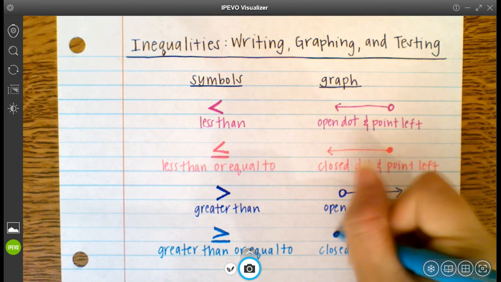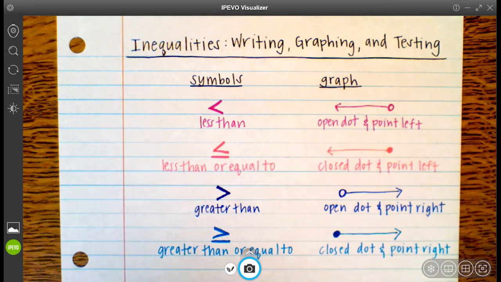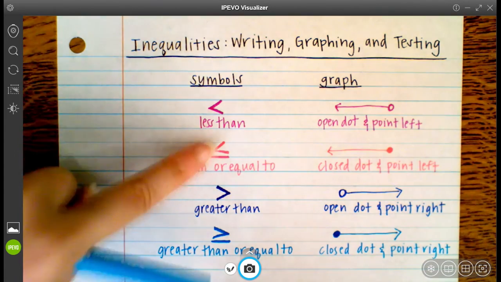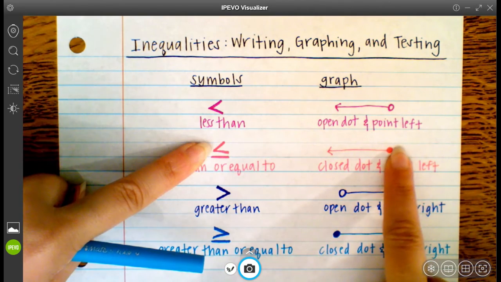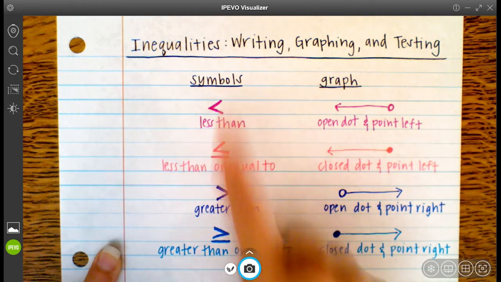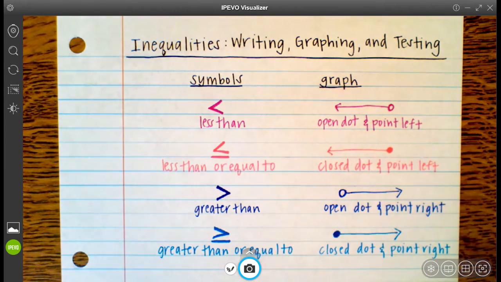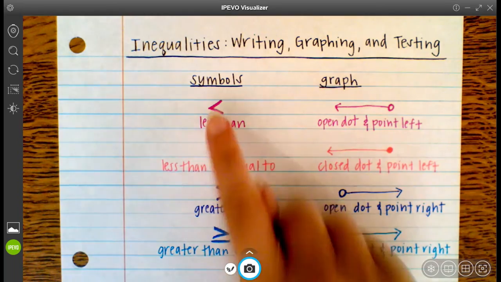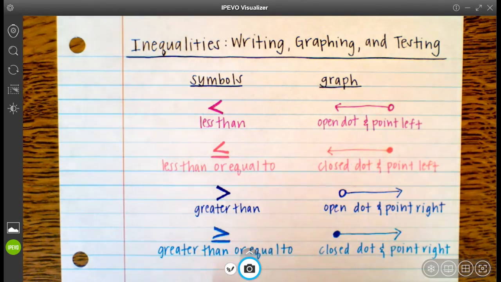But if it has that little equal portion at the bottom, the line underneath, it means that I'm a filled in or closed dot. So notice how less than or equal to and greater than or equal to have closed dots. Meanwhile, just less than and just greater than are open dots. And the way we face or draw our arrow depends on which way our symbol is pointing towards.